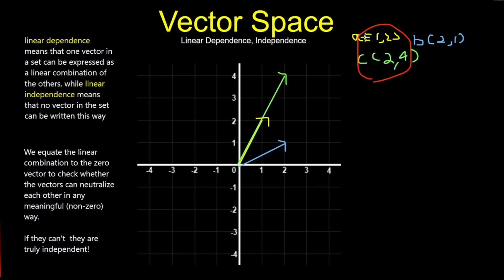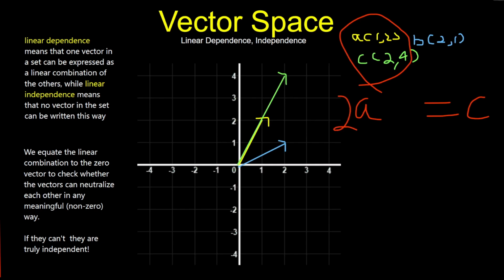Can these two vectors be expressed as linear combinations of each other? Let's try to express vector A as a linear combination of vector C. The definition says that we can add vectors or multiply with a scalar, but here there is only one vector, so we see if we can multiply by something to get C. Yes, it is just scaled 2 times, so we can multiply by 2 to get C.